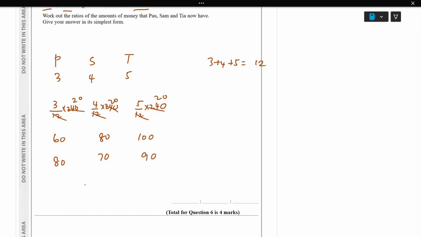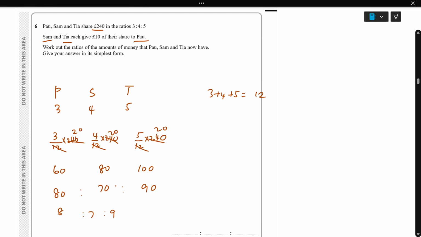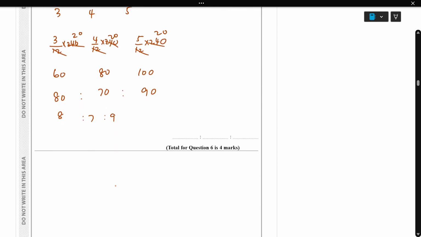Now we'll find the ratio. The common factor is 10, so just divide by 10, which is 8, 7 and 9. In the simplest form, this is the final answer: 8 : 7 : 9.